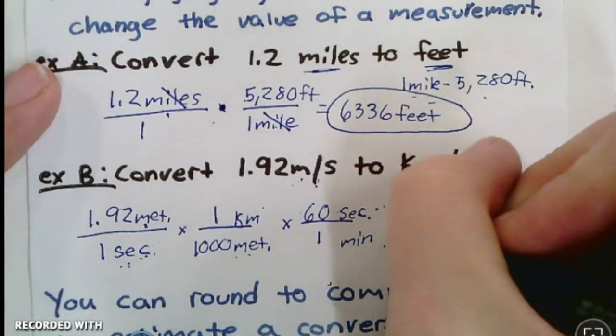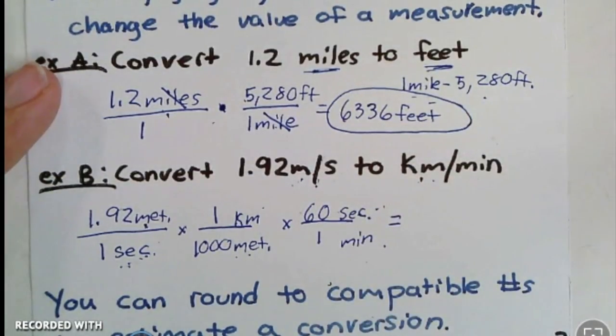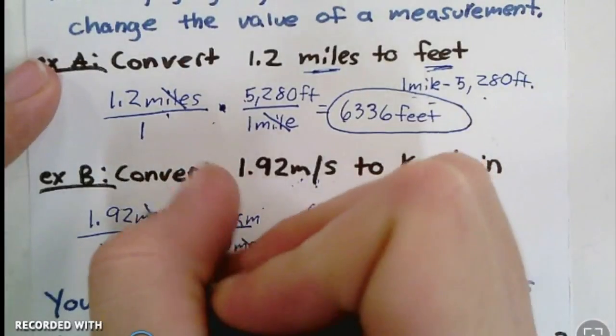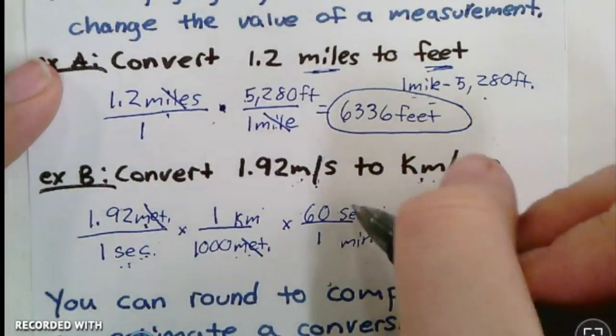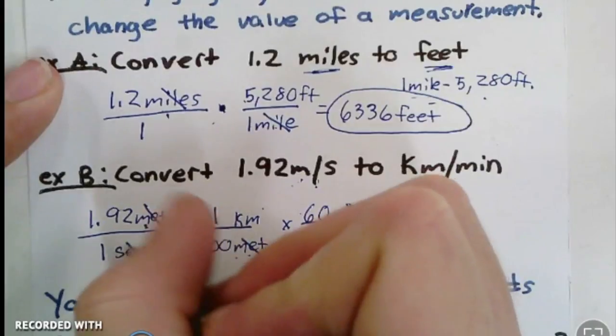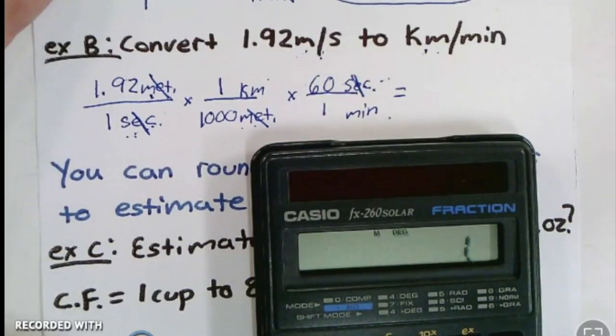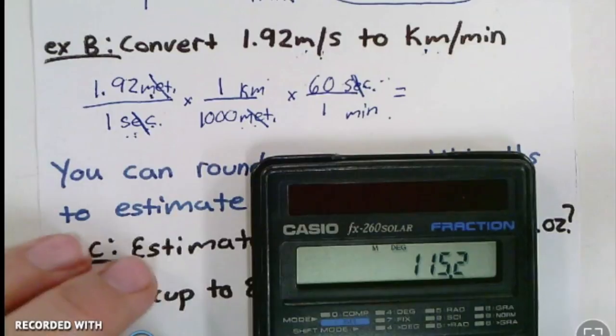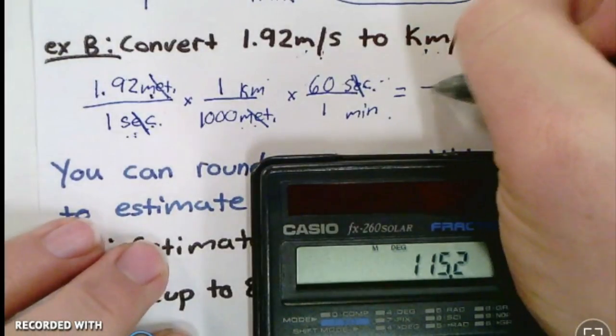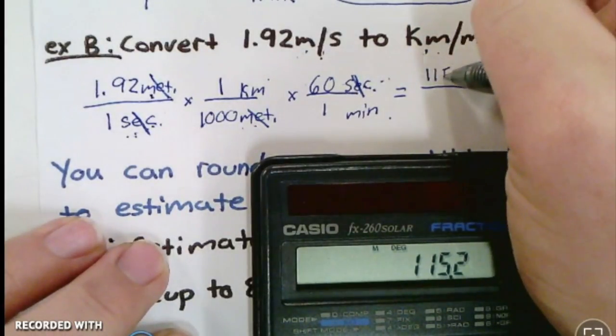Okay, and now I'm ready to do some crossing out. My meters are both going to cross out. My seconds are both going to cross out. And now I can multiply across. So I can do 1.92 times 60 times 1 equals 115.2.